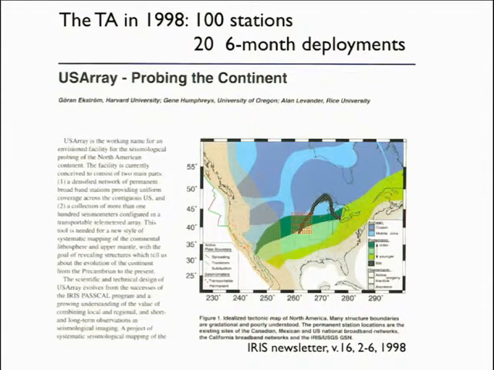In 1998, there was the concept of a roving array, shown there in the 100 red dots. The idea was that those red dots would move around after deployments of 6 months or so, move to a new place, and then with 20 or such deployments, you would cover the surface of the lower 48.